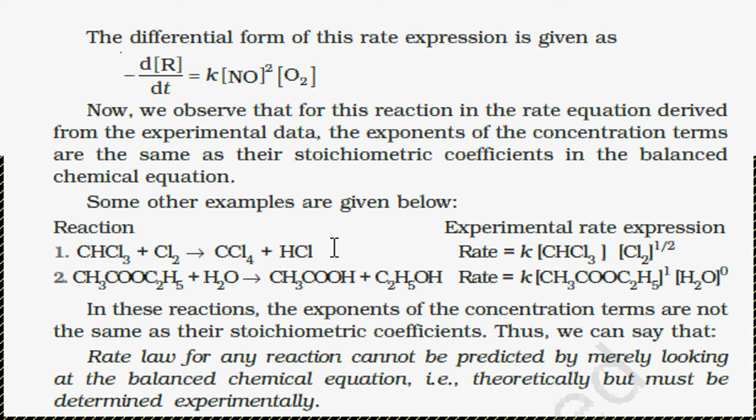In the reactions, you can see their stoichiometric coefficients and also the experimental rate expressions. So these rate expressions which we have got are experimental. In these reactions, the exponents of the concentration terms are not the same as their stoichiometric coefficients.